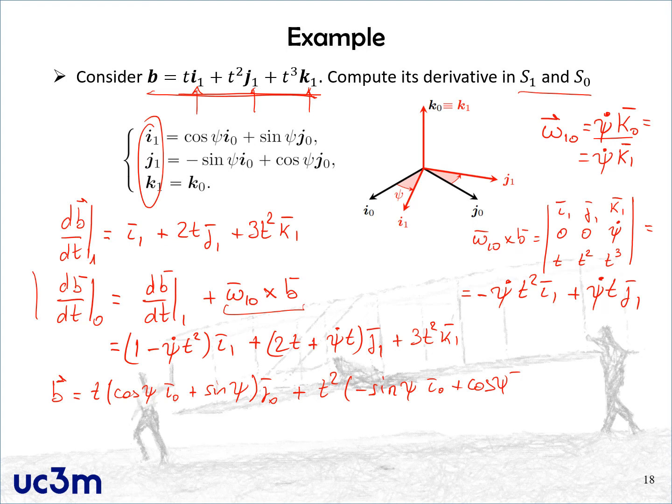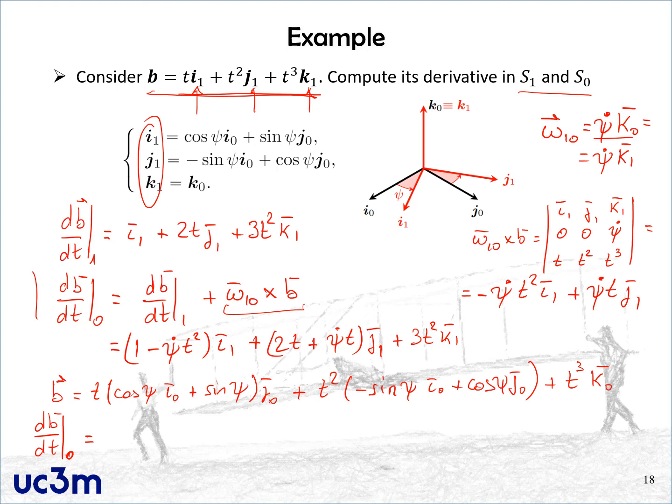Sorry. Okay. And finally, we have t cubed k0, which is the same as k1. So we can take derivatives here, okay, in reference frame 0, and the result should be the same one as before, okay? Let us check that indeed this is the case.